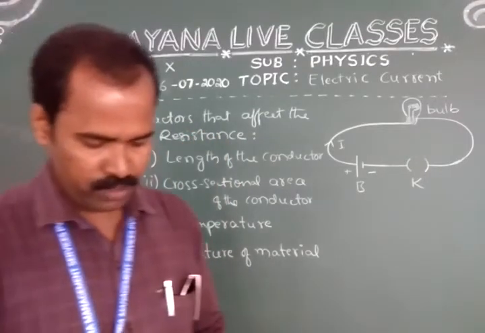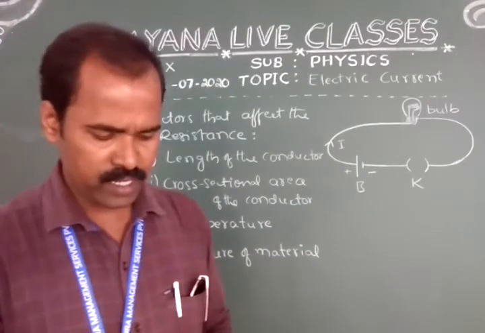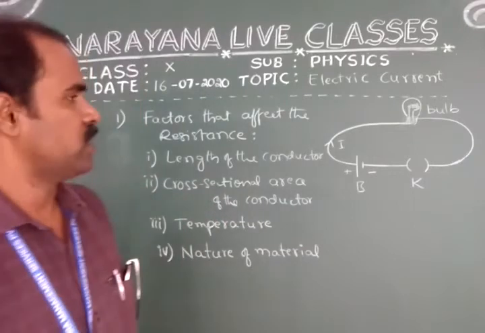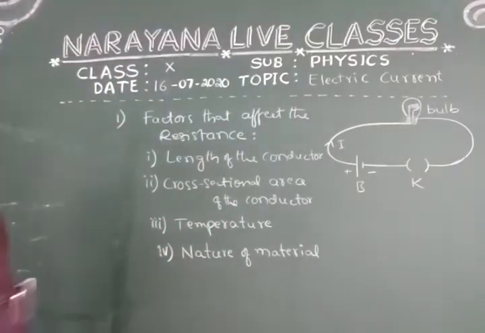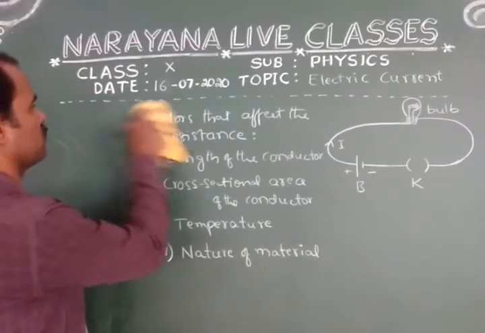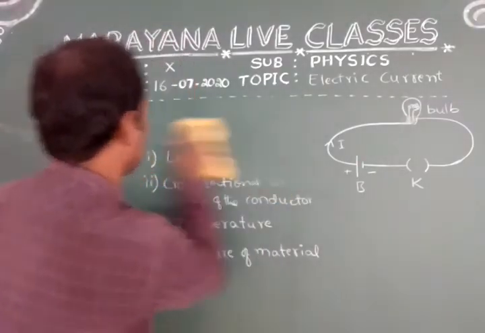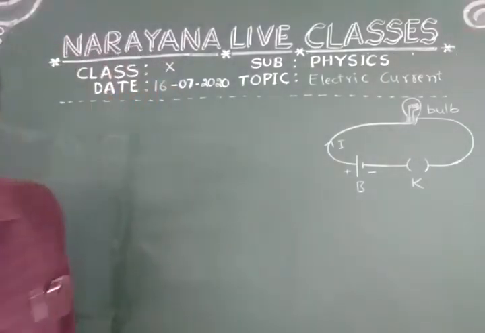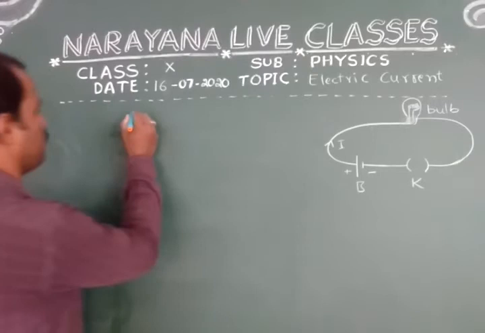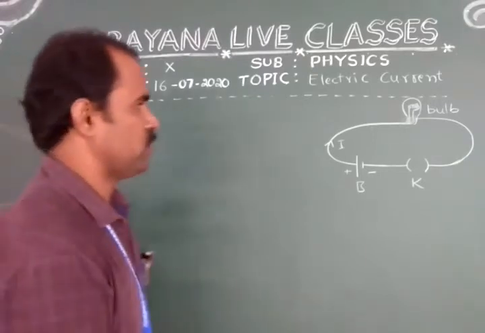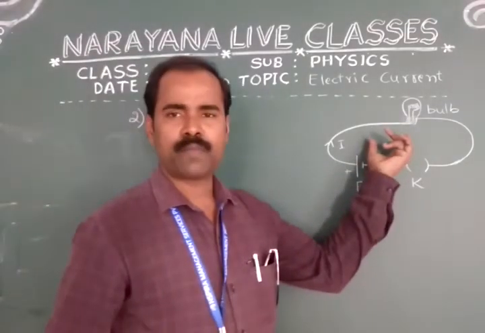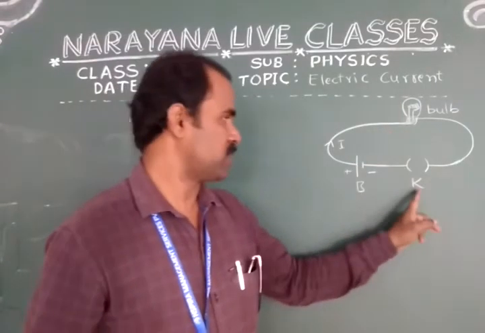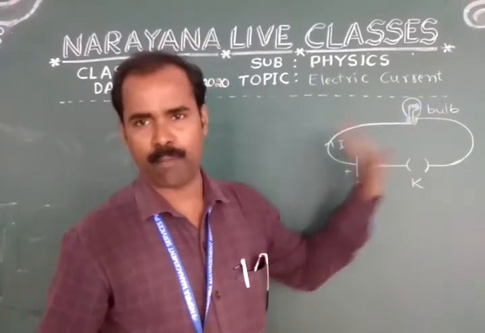Next question. How can you verify that the resistance of a conductor is temperature dependent? We need to do one activity. First you have to connect the circuit with proper electrical appliances, that is plug key, battery, connecting wires and a bulb.